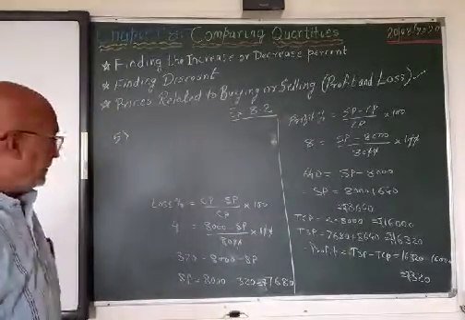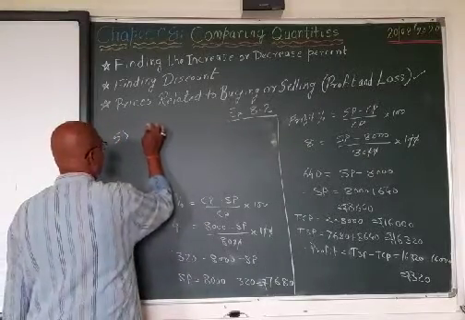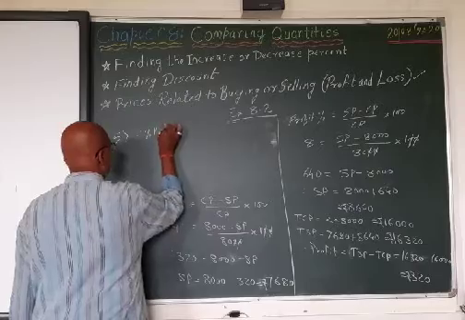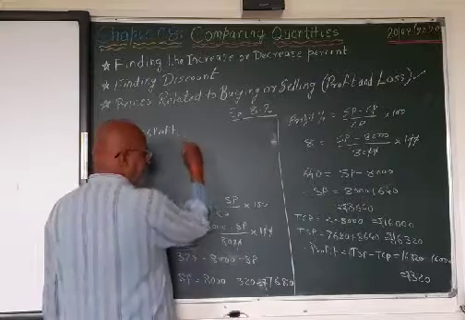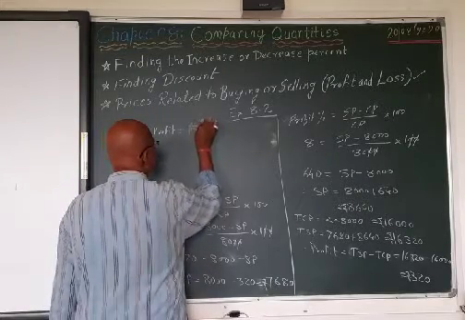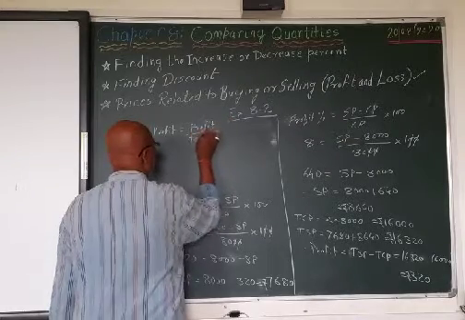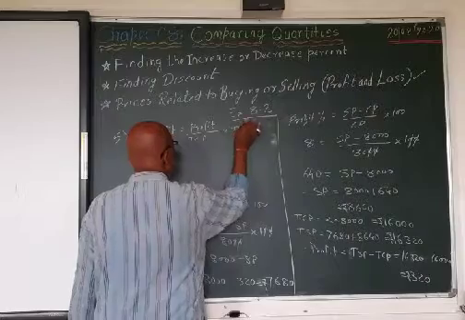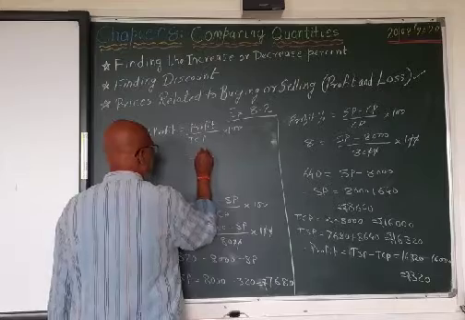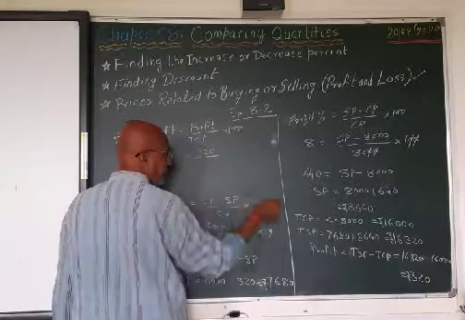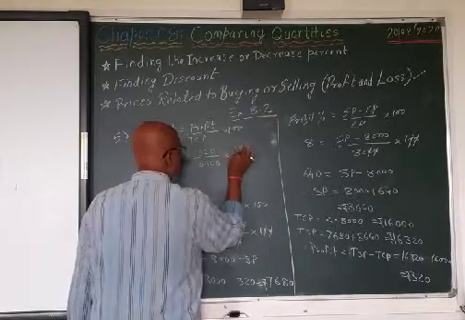Therefore, percentage profit equal to profit upon total cost price into 100 equal to profit is 320, total cost price was 16,000, into 100.